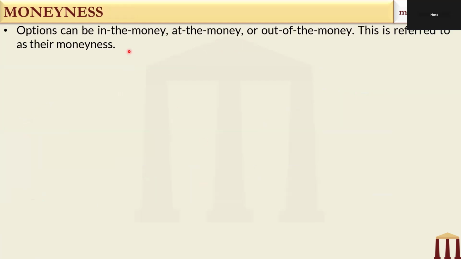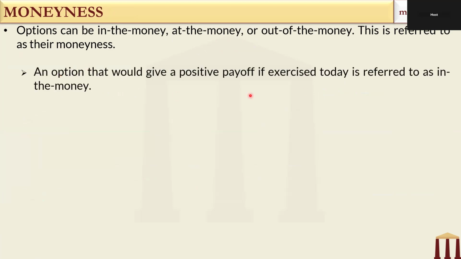Now, options can be in the money, at the money, or out of the money. This is referred to as their moneyness. Any option that would give a positive payoff if exercised today, payoff, not profit, is referred to as an in the money option.